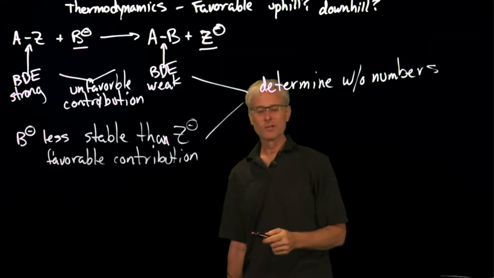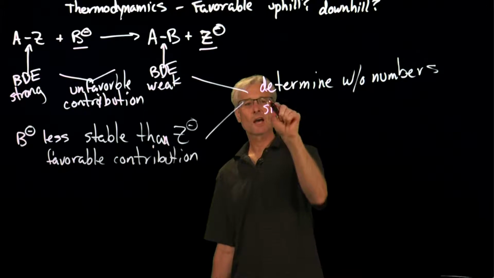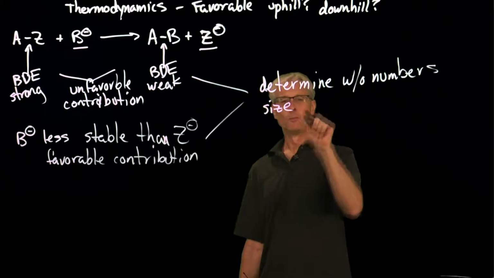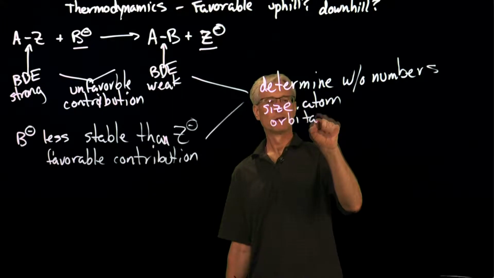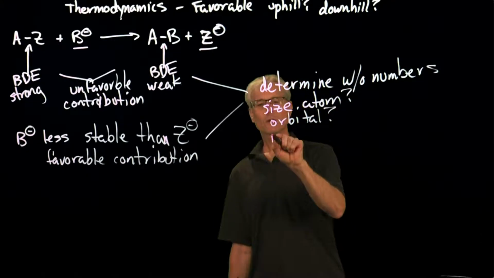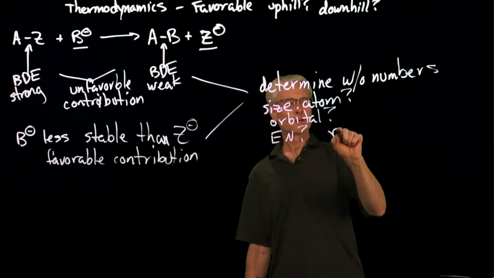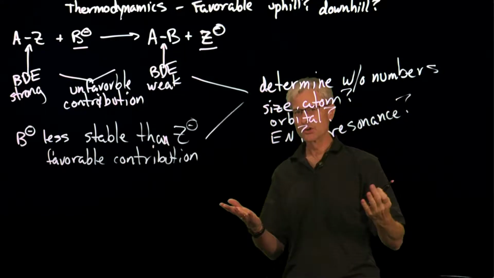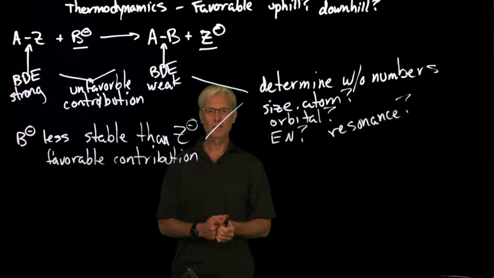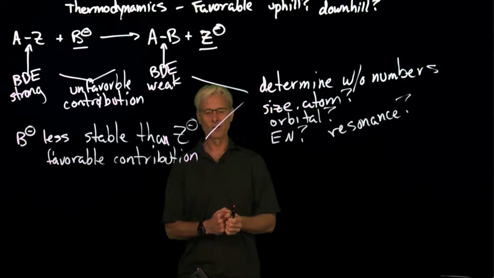Maybe we'd use things like, hey, what's the size of that atom anyway? What orbital is involved? What are the electronegativities? Is there any resonance? These are factors that we would consider to think about whether or not those were favorable or unfavorable.